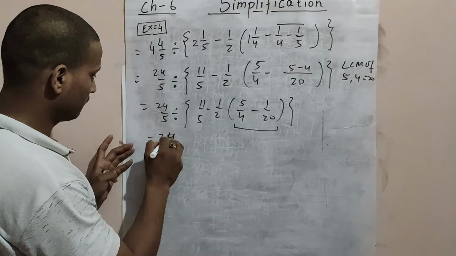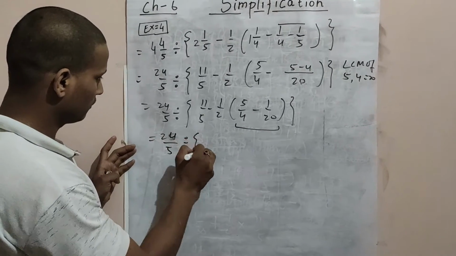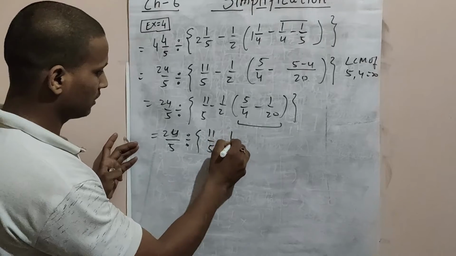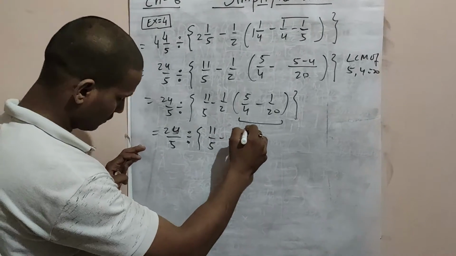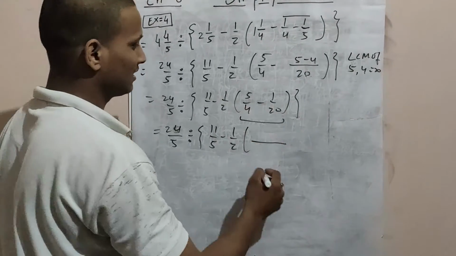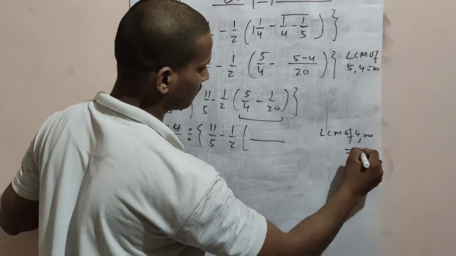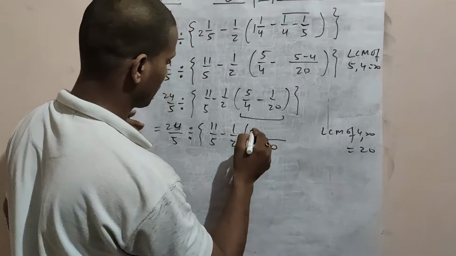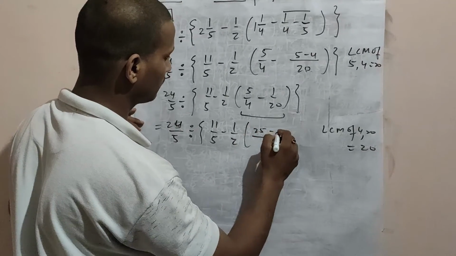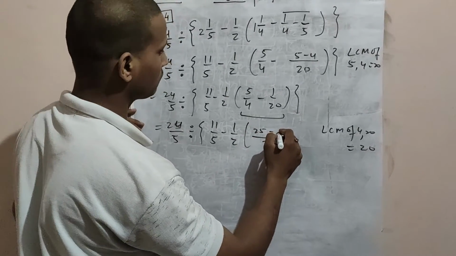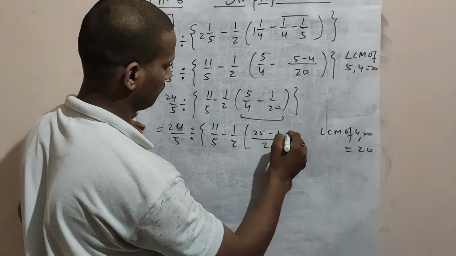24 by 5 divided by 11 upon 5 minus 1 by 2. In the parenthesis, LCM of 4 and 20 is 20. 5 5s are 25 minus 1.